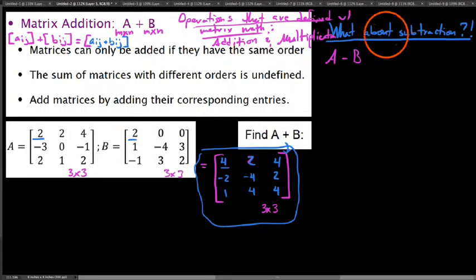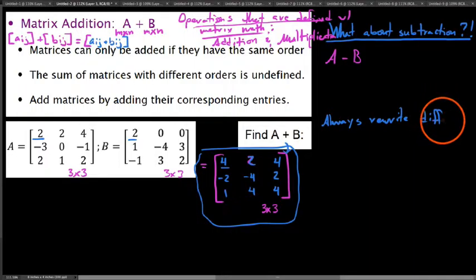And so what I want to talk about now is what about subtraction? Well, what I'm going to say is this. Looking back up here, I said that the only two operations defined with matrices are addition and multiplication. So we're going to always rewrite differences as sums.